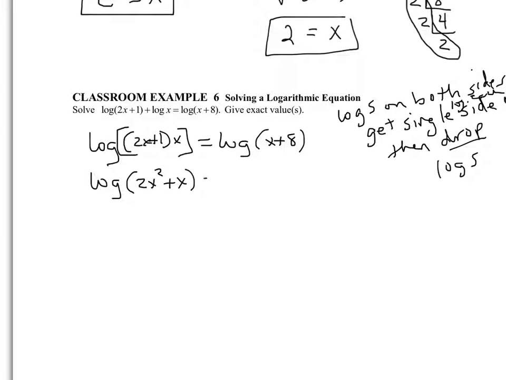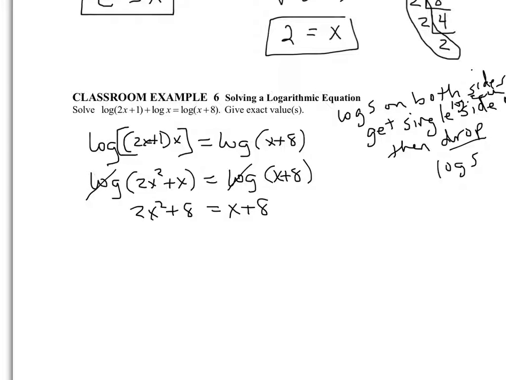So I have the log of that on the left is equal to the log of x plus 8 on the right. And now that it says log this equals log that, I can just drop the logs. And I have 2x squared plus x equals x plus 8. Well, I need to get my like terms together to try to solve. And I miswrote this.